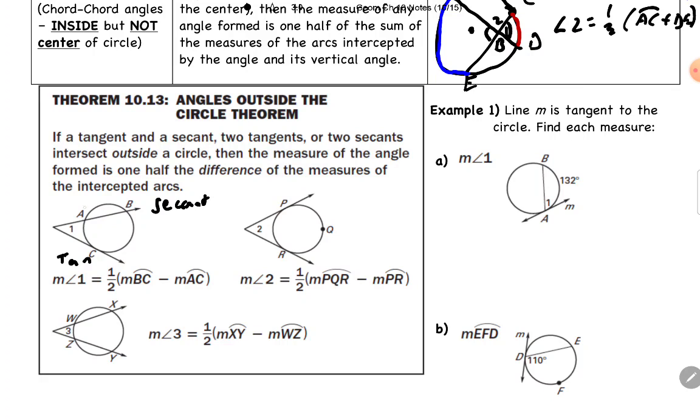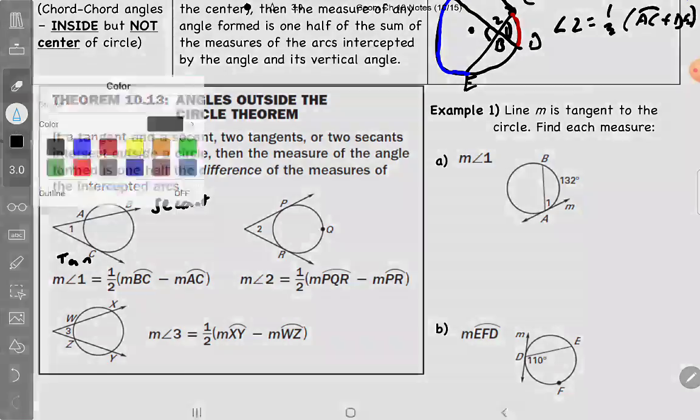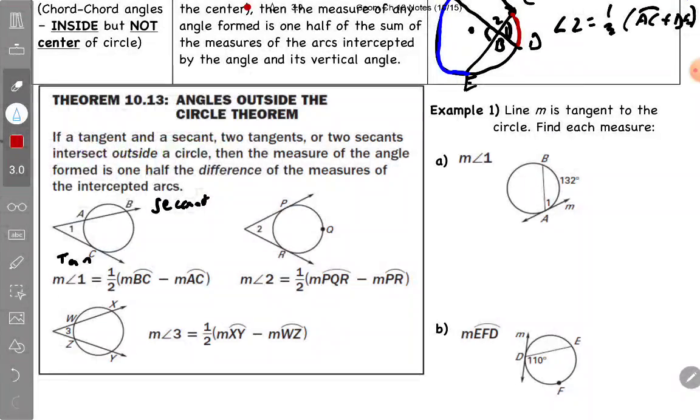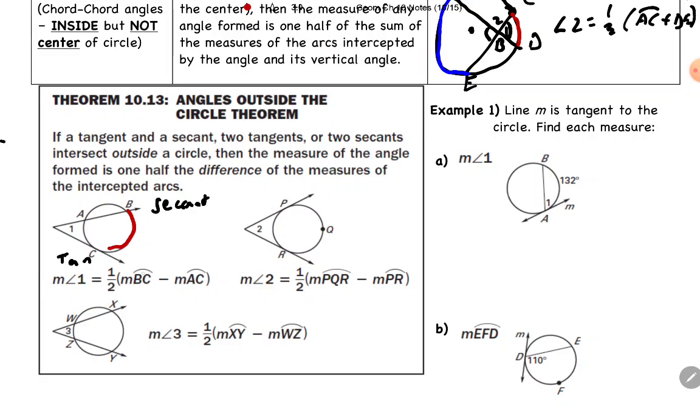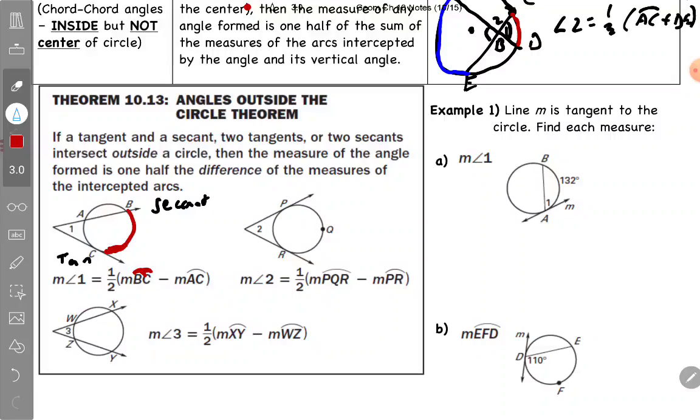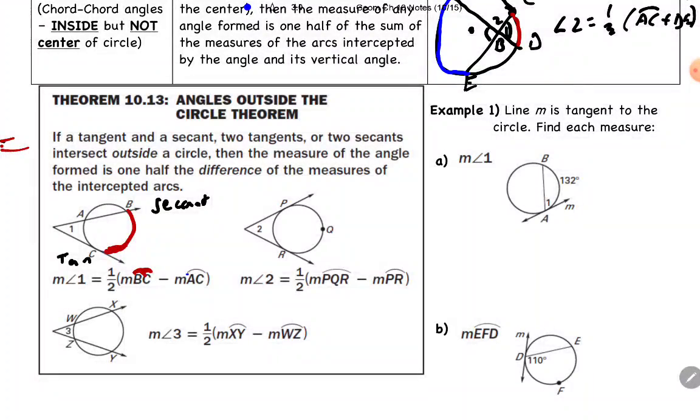If it's a tangent and a secant and we're looking for that outside angle here, then it's equal to 1/2, let's use colors, BC and AC. So 1/2 red minus blue.